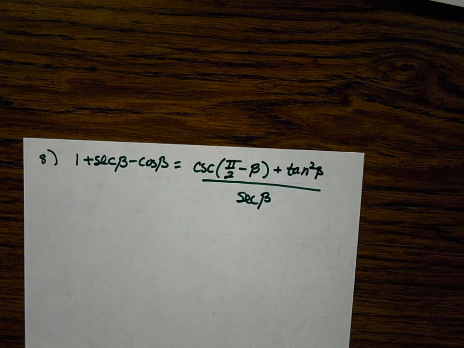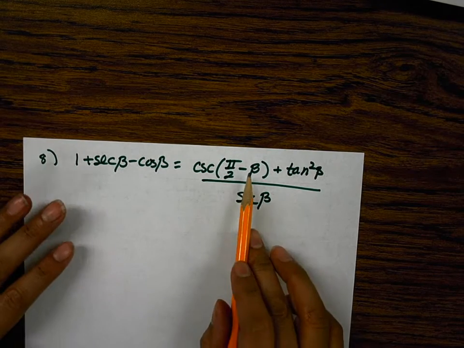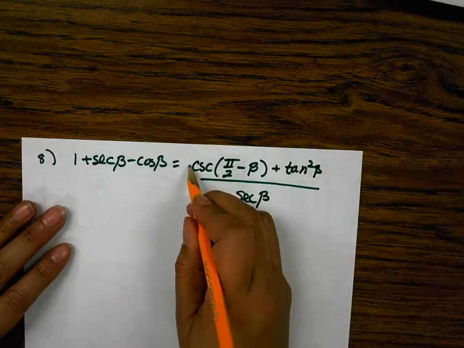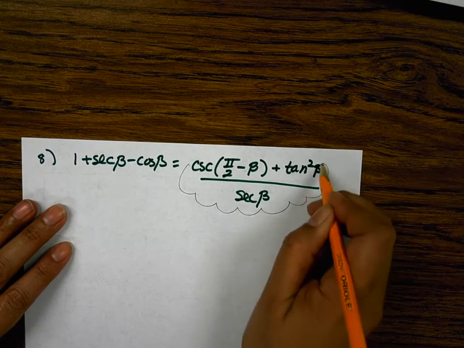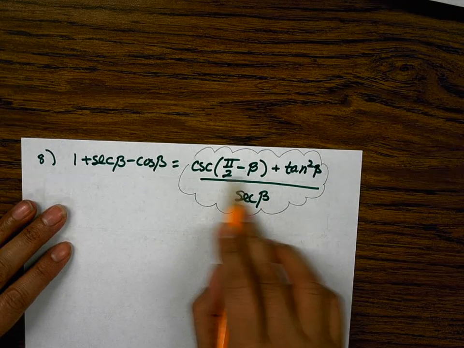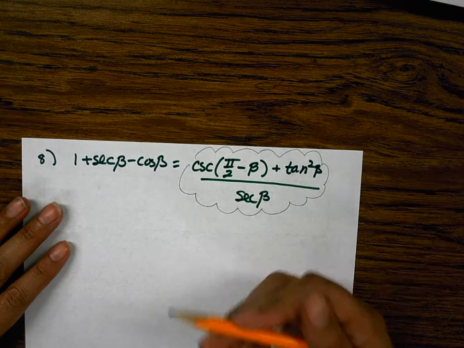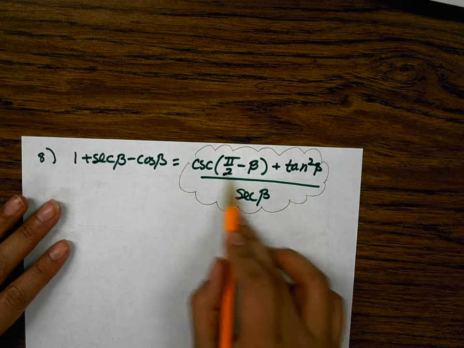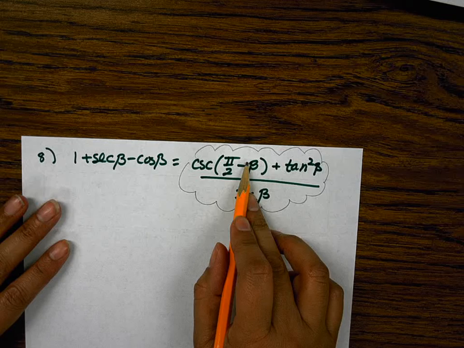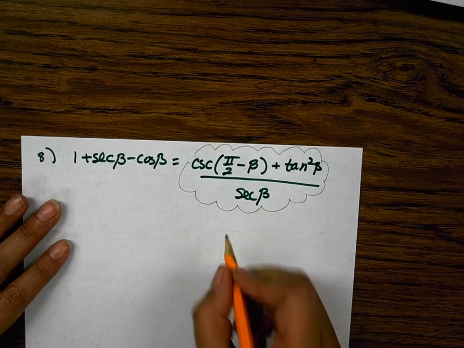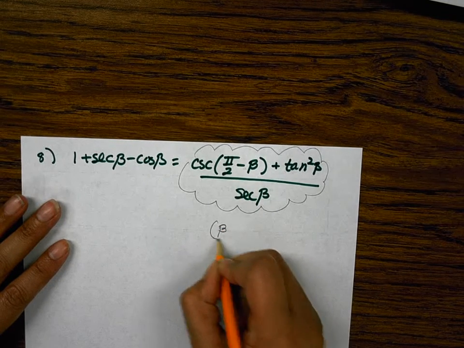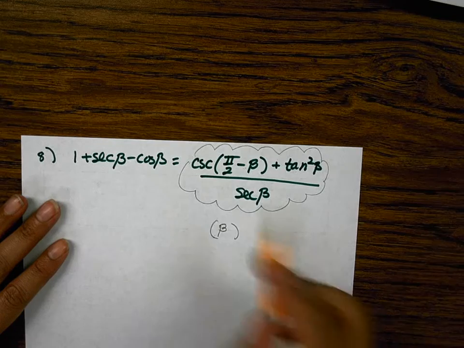All right, it's been a while since we've done these complementary cofunctions, but I've talked to you about it before. That's the side that should be screaming at you, change me, change me. So when you change it to its complementary cofunction, the complement of pi over 2 minus beta is just beta. You drop the 90 minus beta piece.